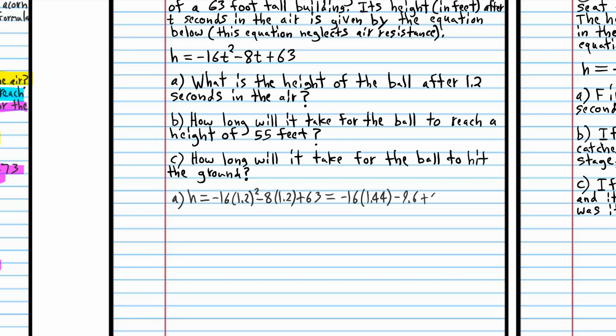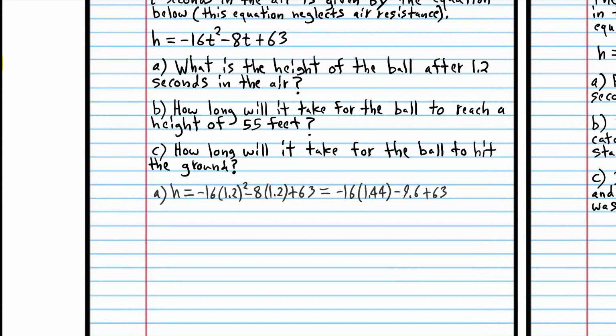I'm doing two steps at once. That's okay. Actually, you know what? There's no point in doing two steps at once at that stage. I don't want to confuse you. If you want to practice evaluating expressions, go back to my pre-algebra course.